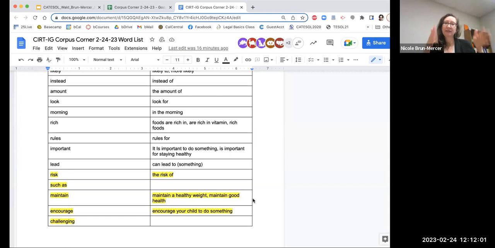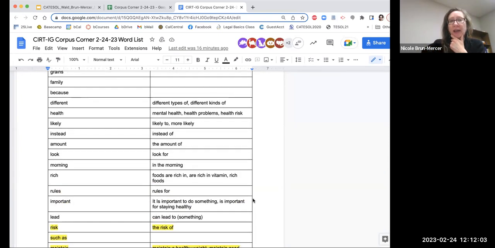On the left-hand column there, you have the individual word, and in the right-hand column, you've got some phrases with that word. So health, often collocated with mental, problems, and risk.